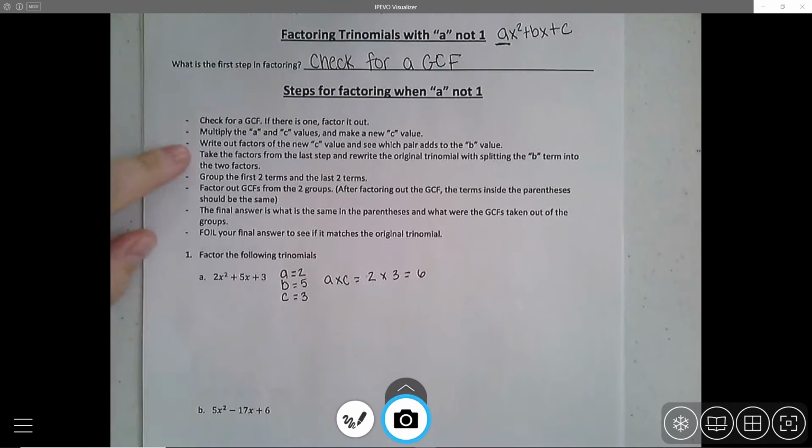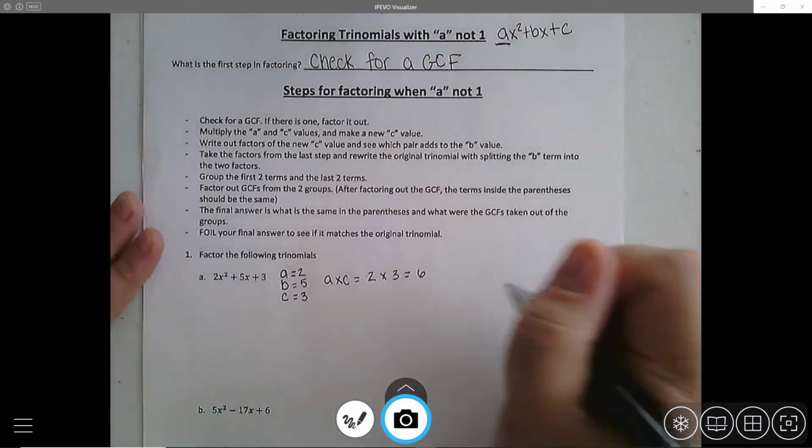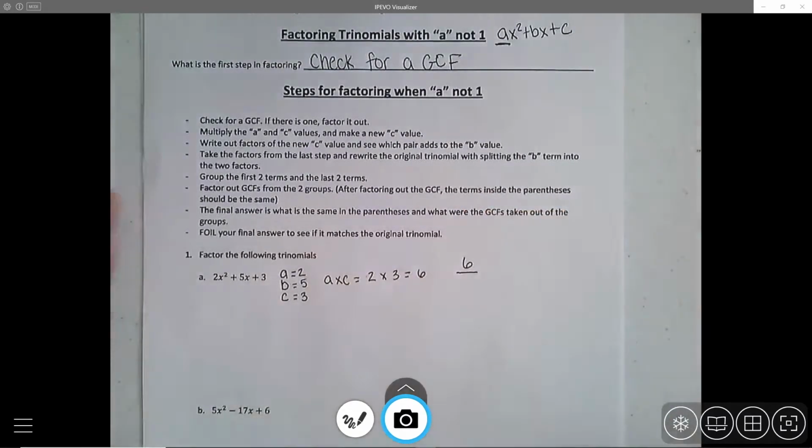Now, I want to write out the factors of the new C to see which ones add up to B. So, this goes back to that last lesson.